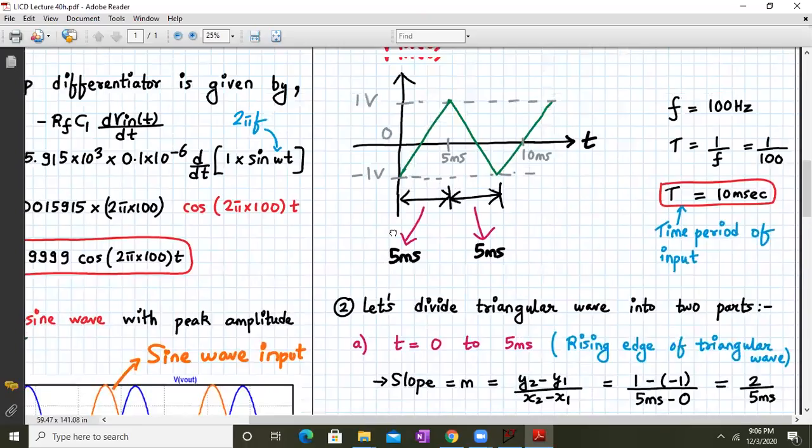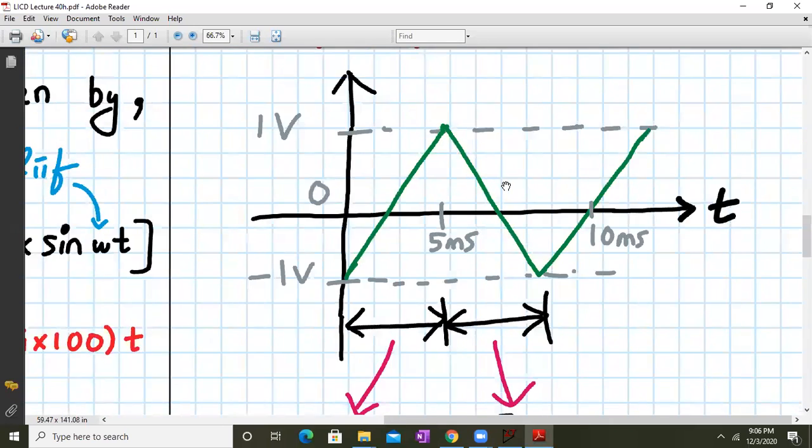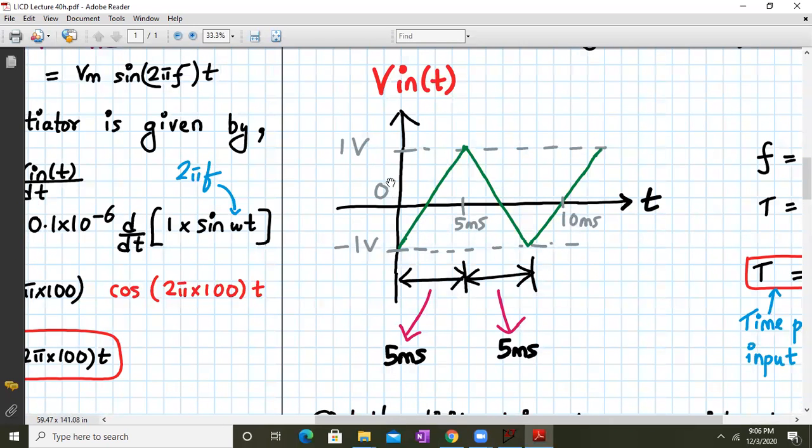Basically it's a straight line but not passing through the origin. So what will be the y-intercept of this? If we shift this waveform up by around 1 volt, this will go to 2 volts.